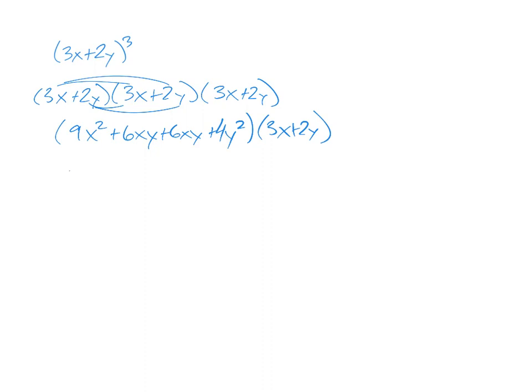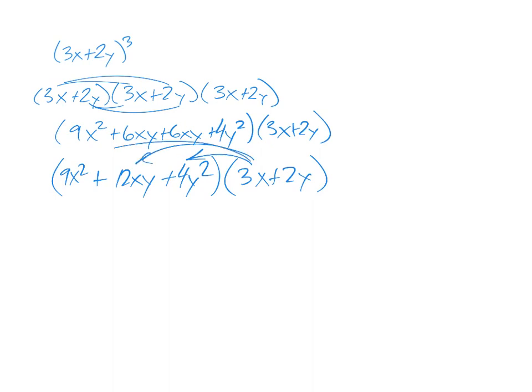Then we simplify. We have 9x squared plus 12xy plus 4y squared times 3x plus 2y. All right, then we have to multiply again. And yes, it's a bit tedious, but it's simple. Just take your time. Be careful with your work and the variables. Don't mix up the x's and the y's.